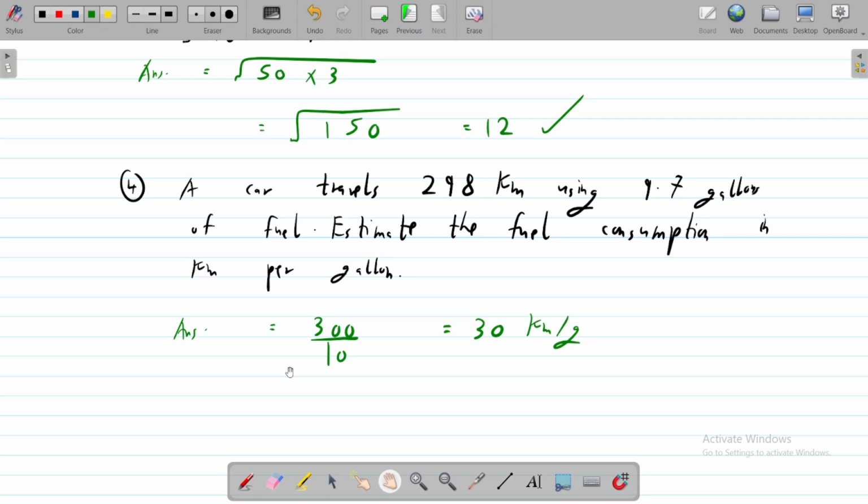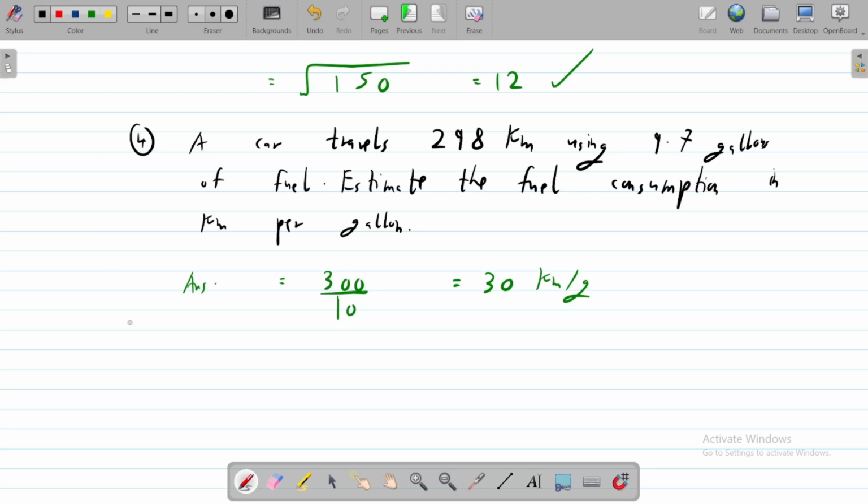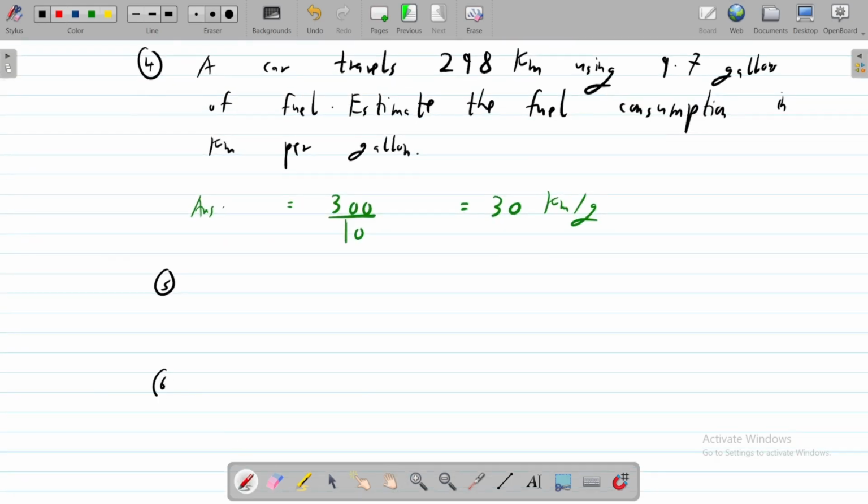Let me give you 2 more, the last ones, then we can move on to standard forms. Okay, question 5 and question 6. See, estimate again.